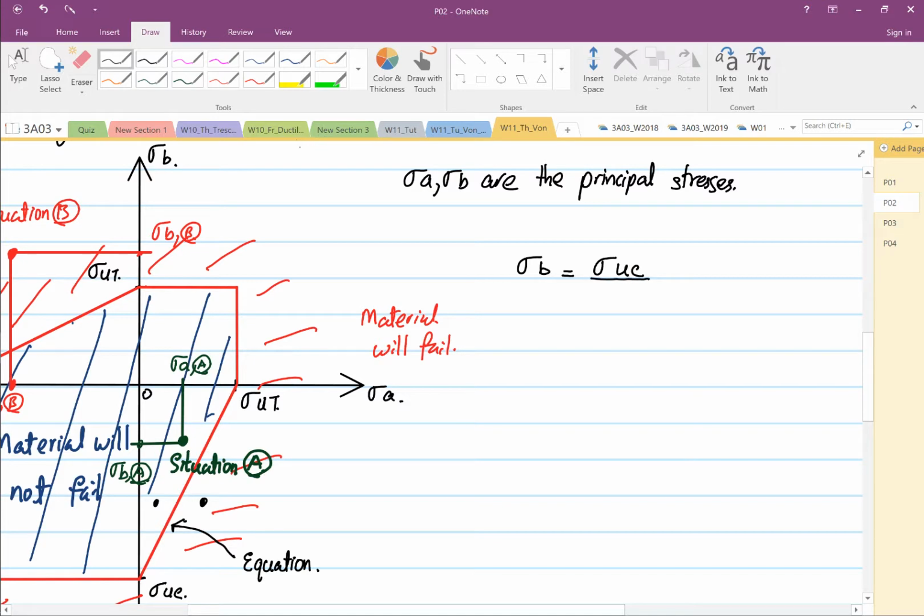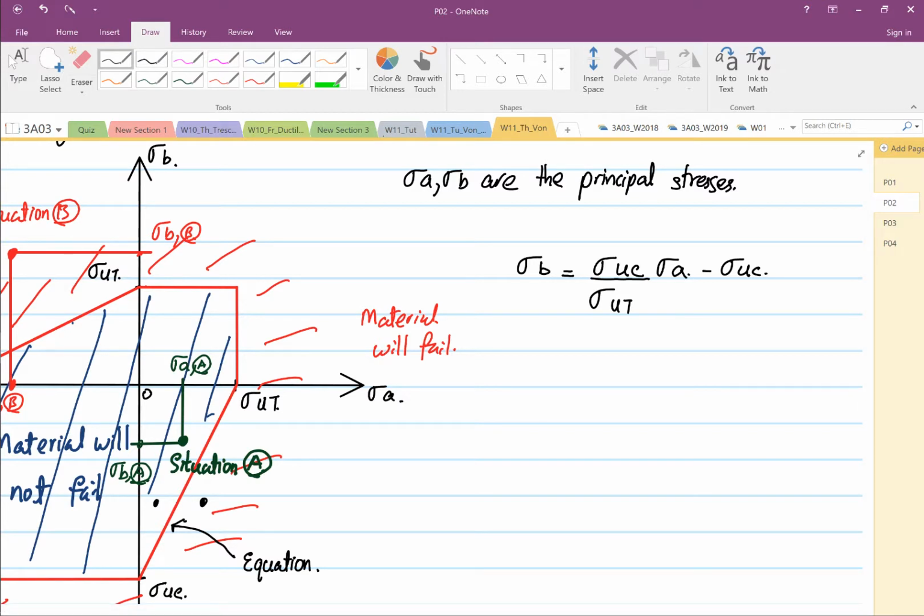This is the gradient, delta y over delta x, plus the response, but the variable stress A is on the x-axis, and the y-intercept is equal to minus stress U compression. So this is an expression.